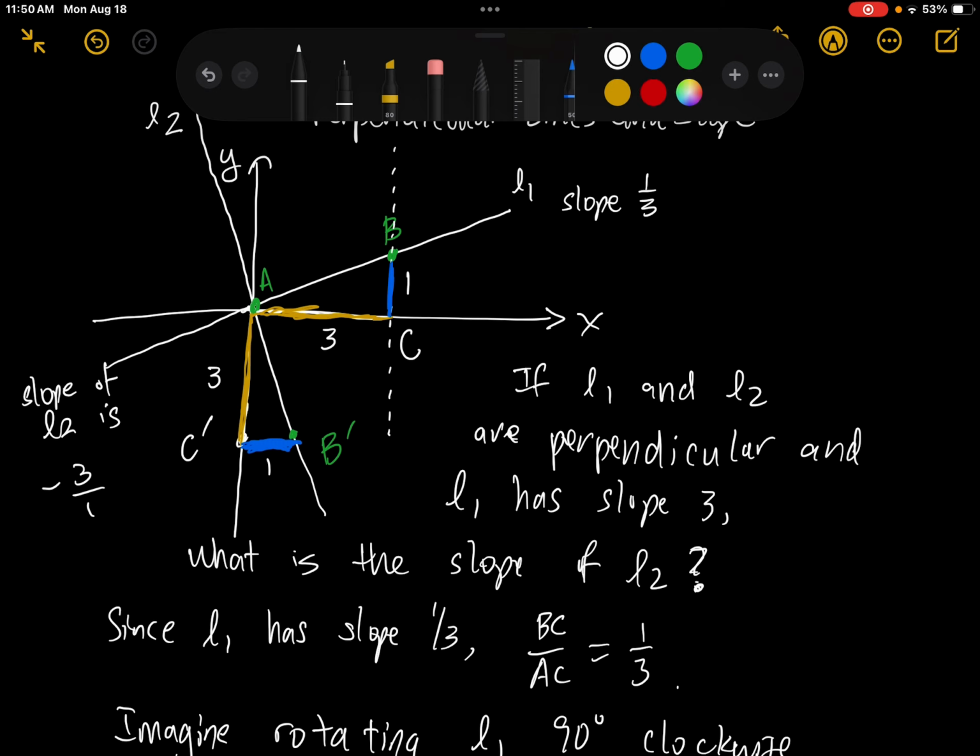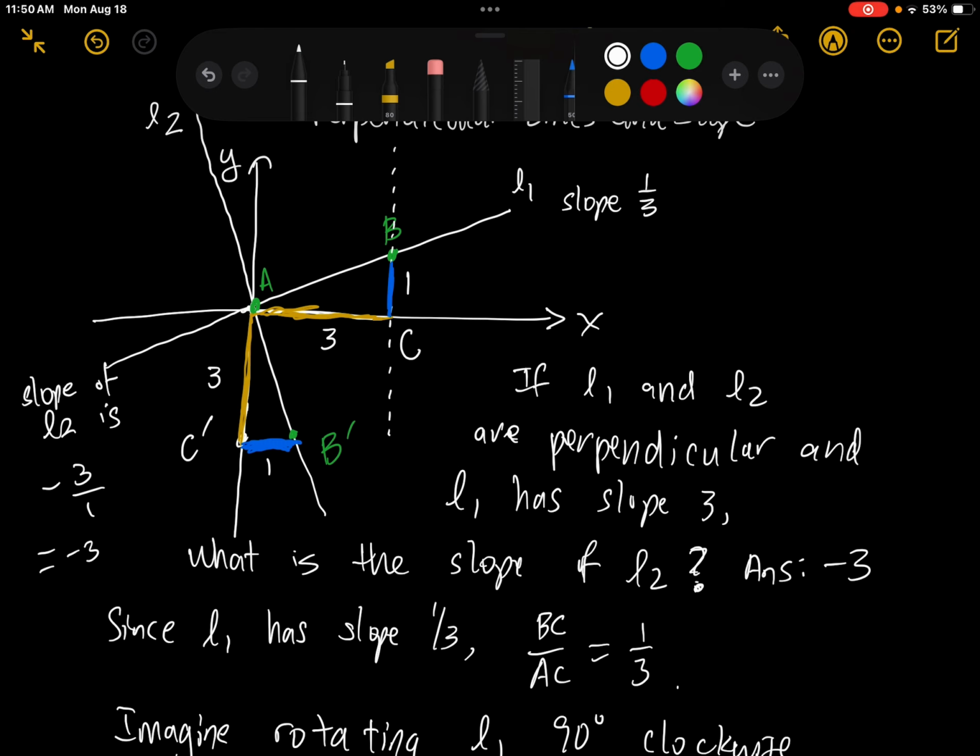It's negative 3 divided by 1. Because remember, when you have a negative slope, the slope is negative 1 times the length of the vertical segment divided by the length of the horizontal segment. And negative 3 over 1, that's negative 3. So the answer was the slope of L2, it's negative 3.